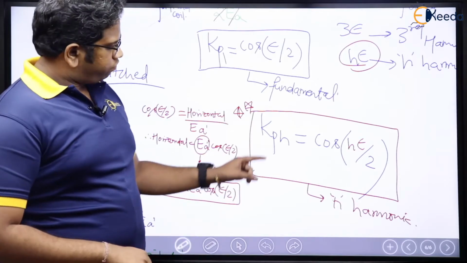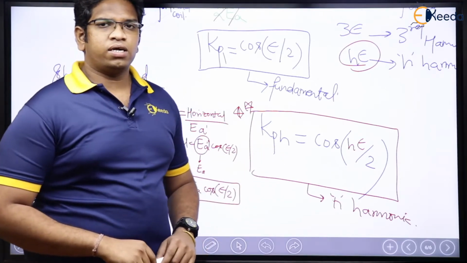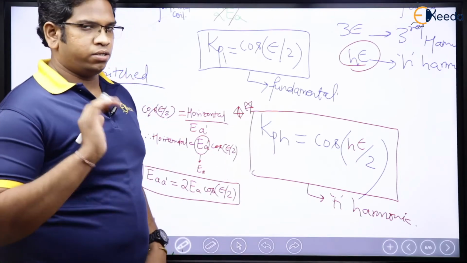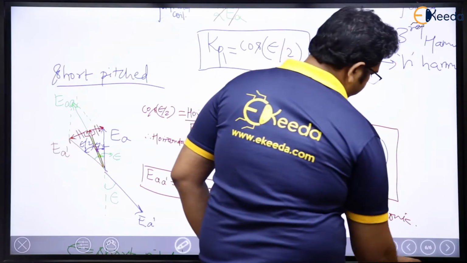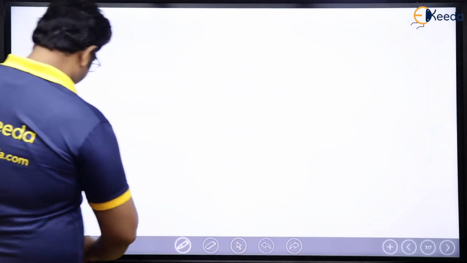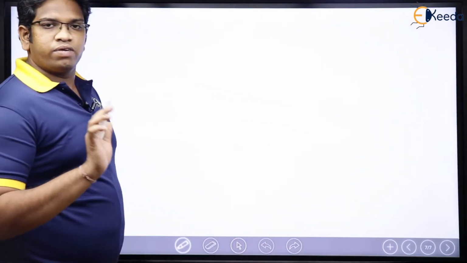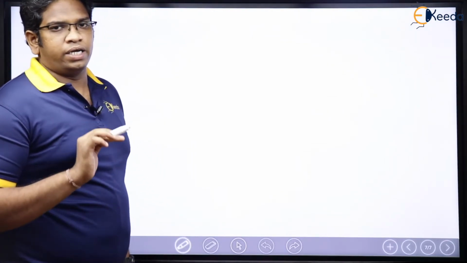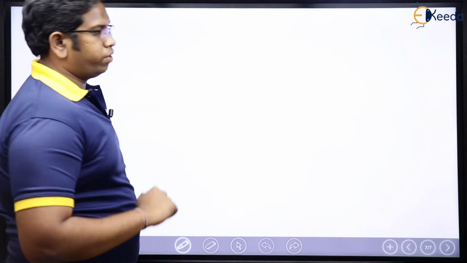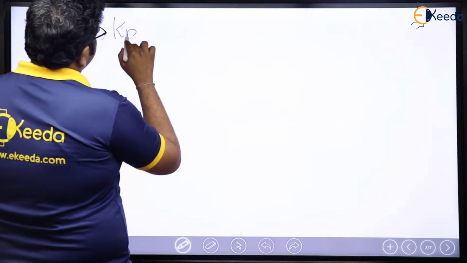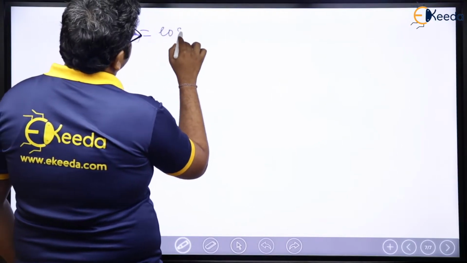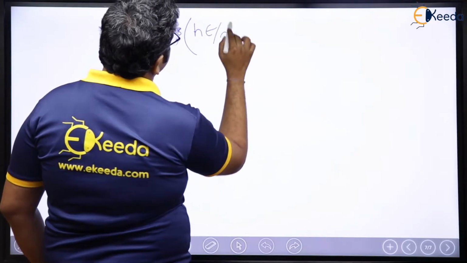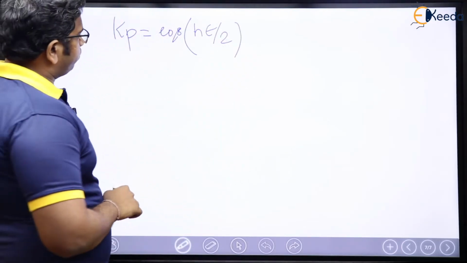Why is it beautiful? Because if you want to eliminate, let us say, the 7th harmonic, this is a beautiful thing which we were not able to do in the case of Kd, but now in the case of Kp we can do it. What is that? Kp is equal to cos of H epsilon by 2.